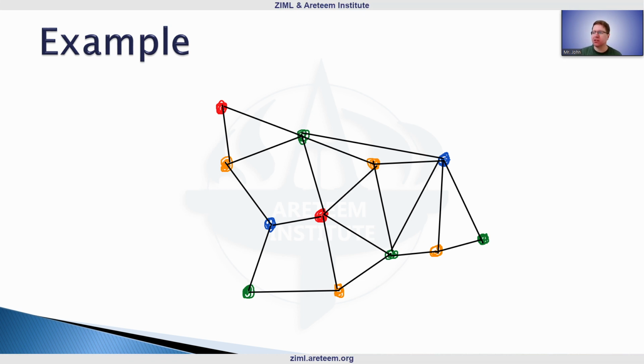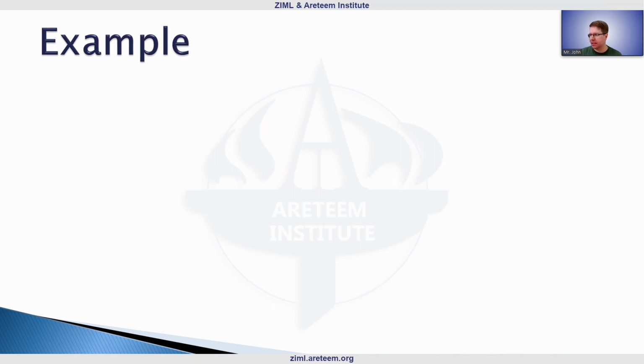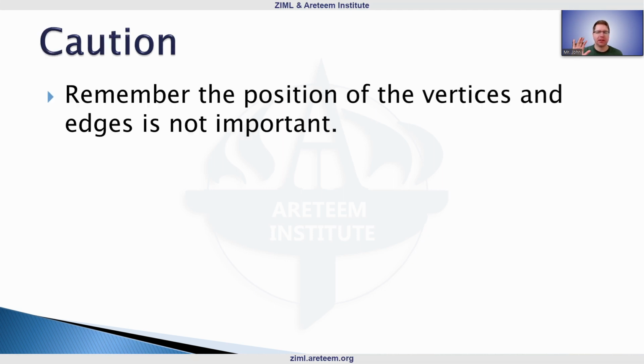So let's look at that with a quick example, reiterating this fact that the position of the vertices and edges is not important. Let's look at a simple graph with 4 vertices.